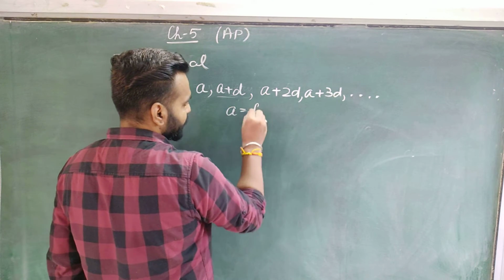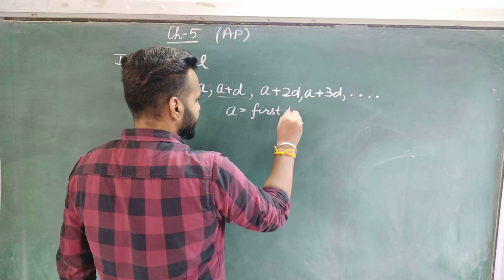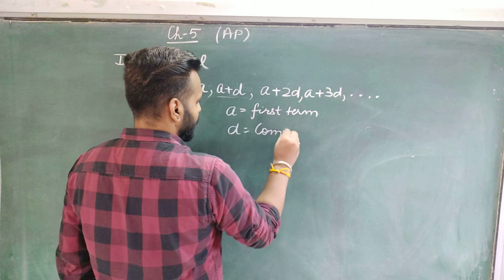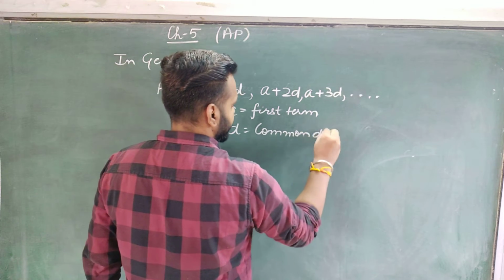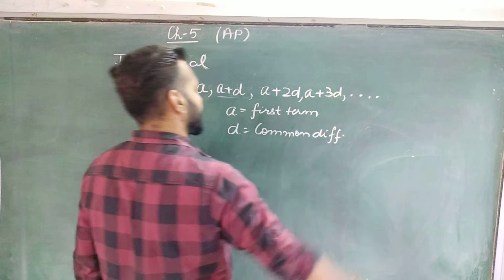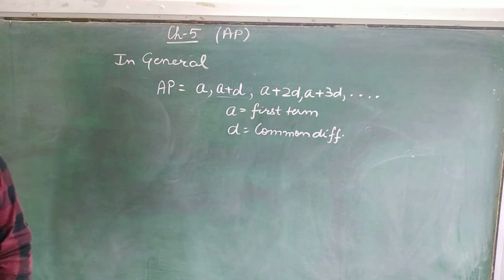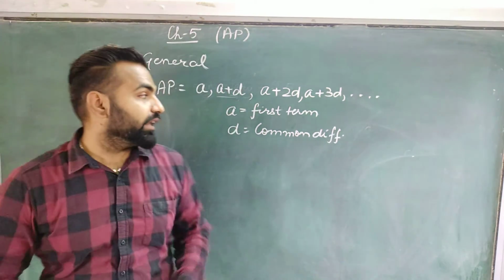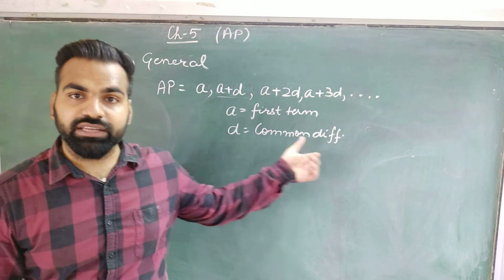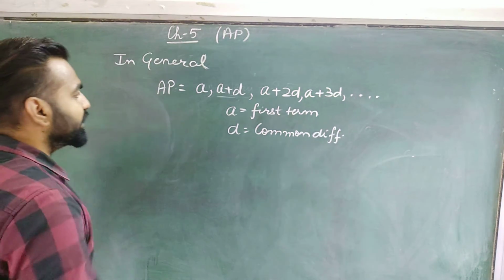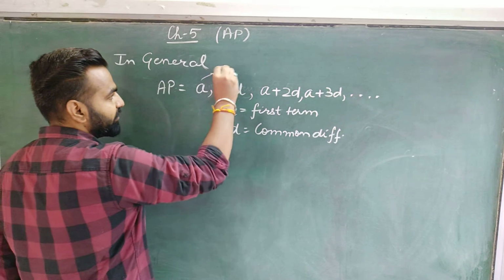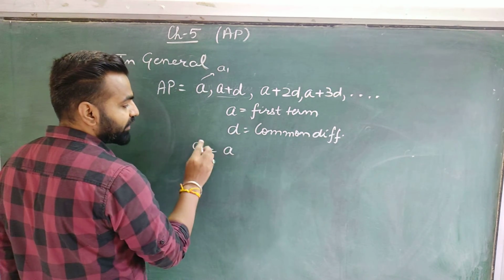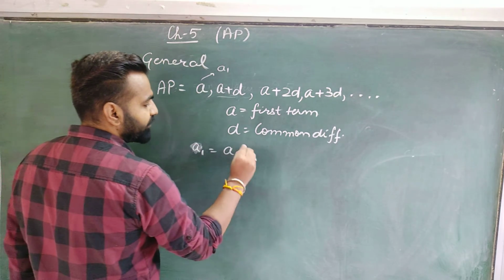Here a is equal to the first term and d is equal to the common difference. Clear, students? So this is how a general AP looks. Here a is the first term, d is the common difference. If I take a1 as the first term, we can write a1 as a plus 0d.